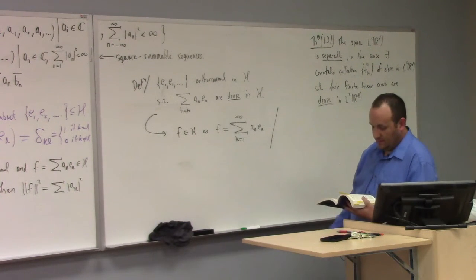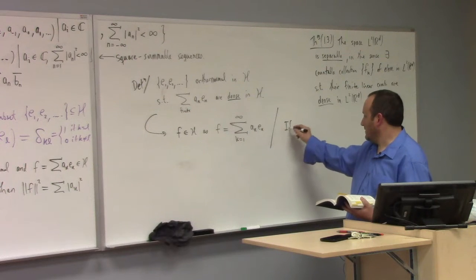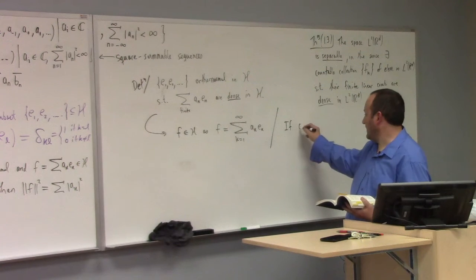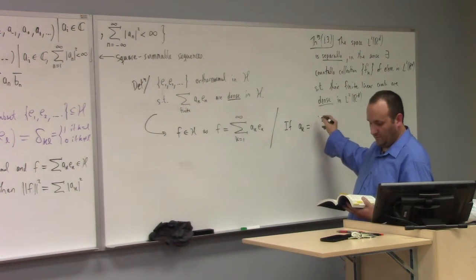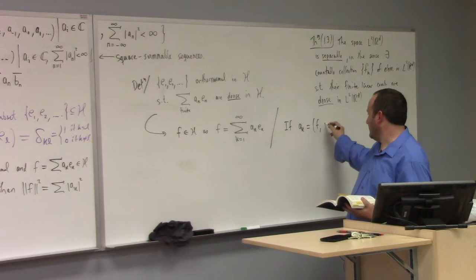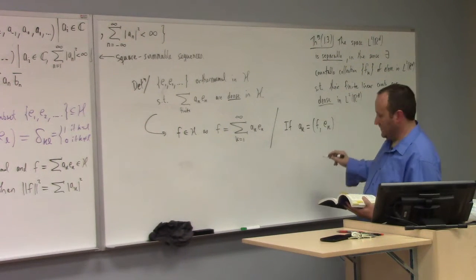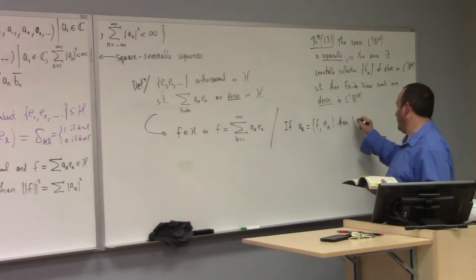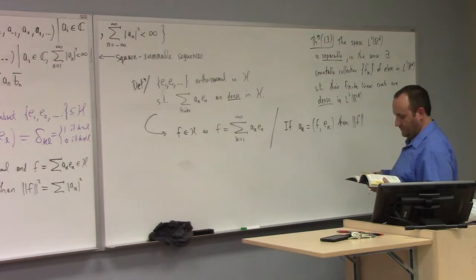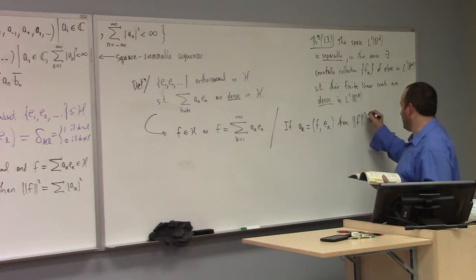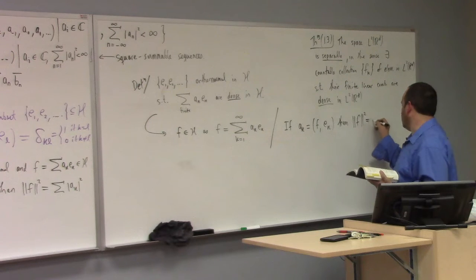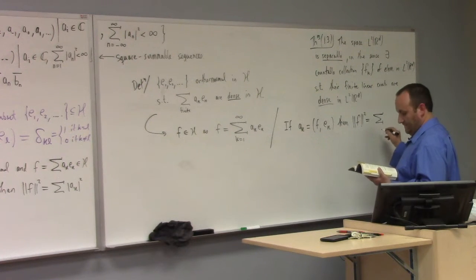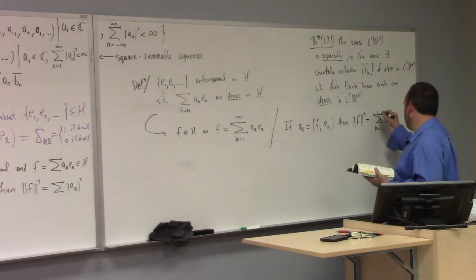One of the equivalent characterizations of it being a basis, point number 4, is that if AK is the inner product of F with EK, then the norm squared of F is equal to the series K equals 1 to infinity of the coefficients.